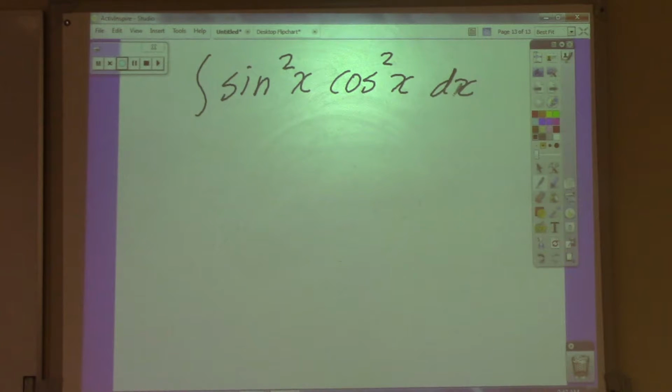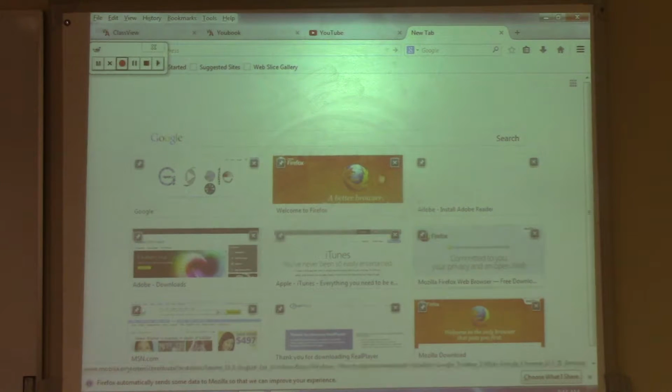Not the Pythagorean, because that would just cause a mess. Dang old double angle, dang old half angle. All right, we'll pull them up on the screen, because y'all done forgot them, right? Mm-hmm. For sure. Dang old trig identities.